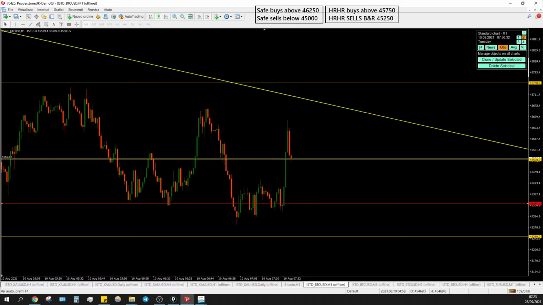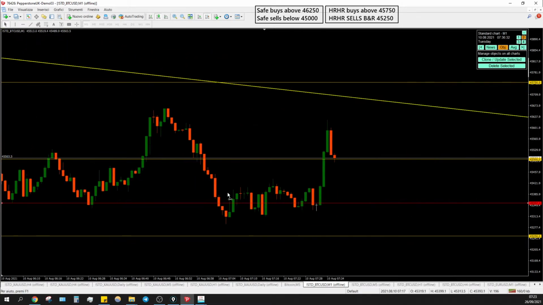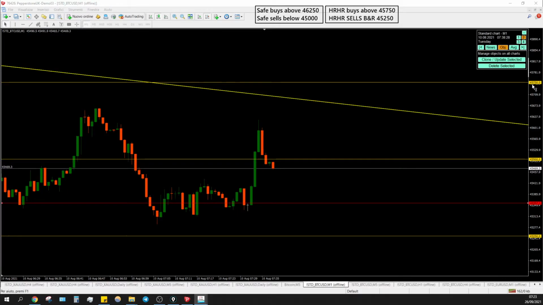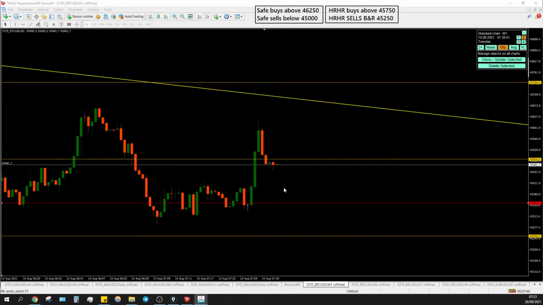Nice reaction over here. Let's see how it closes. Okay, it's closing below, so no trade for me. Still above here for my safe buys.